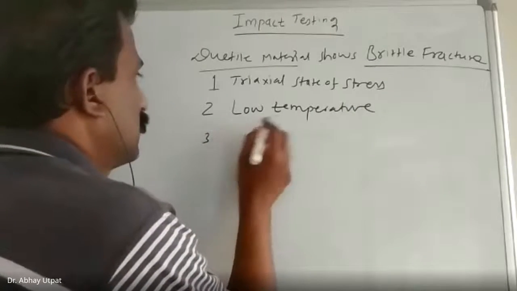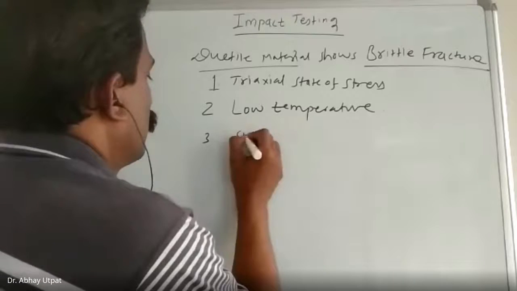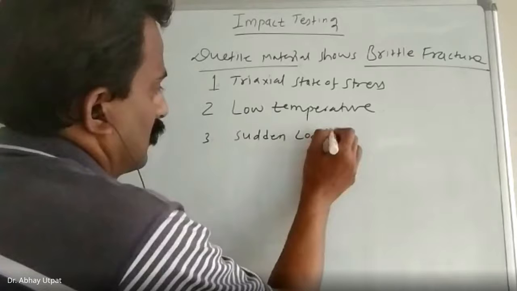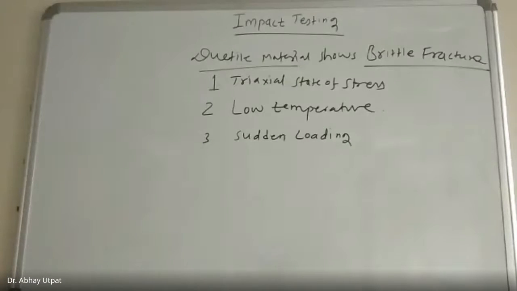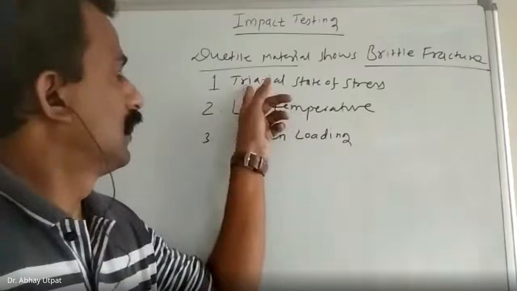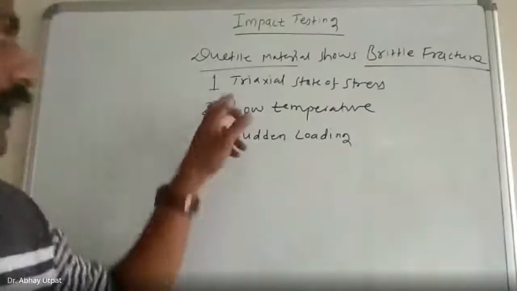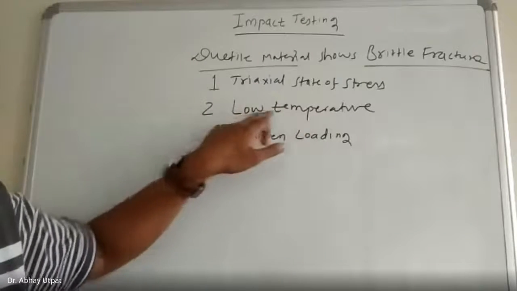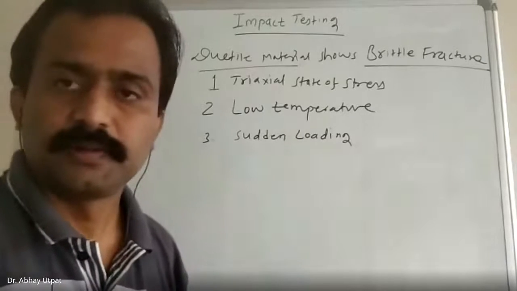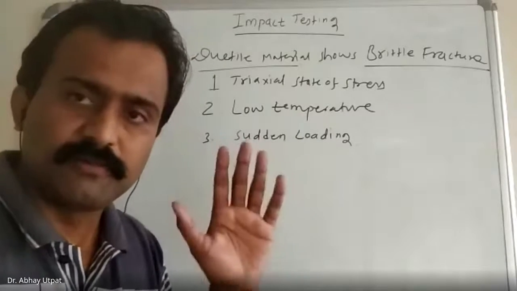Third is sudden load. Brittle fracture, three conditions. First, triaxial state of stress. Second, low temperature. And third, sudden loading.